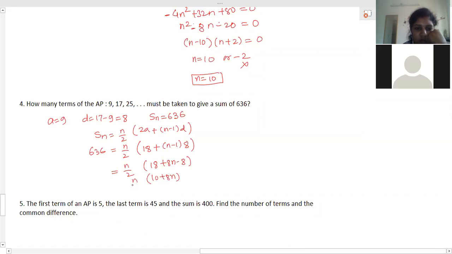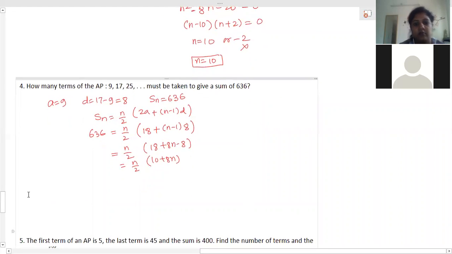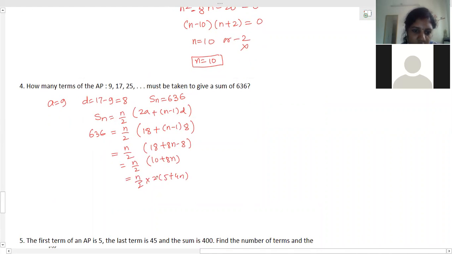Take 2 common, and that will cancel: n by 2 into 2 into (5 plus 4n). This 2 and this 2 get cancelled. So 5n plus 4n square is equal to 636. 4n square plus 5n minus 636 is equal to 0.